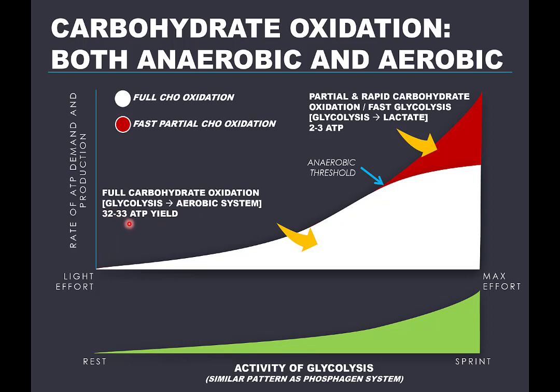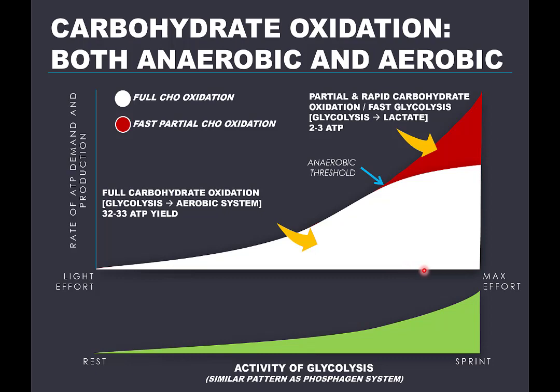This means that the aerobic system can produce 30 more ATP in addition to the 2 to 3 ATP that was produced by glycolysis. The oxidation in the aerobic system, of course, requires oxygen, while the initial glycolysis portion does not. So as intensity increases more and more, full oxidation of glucose 6-phosphate ramps up.